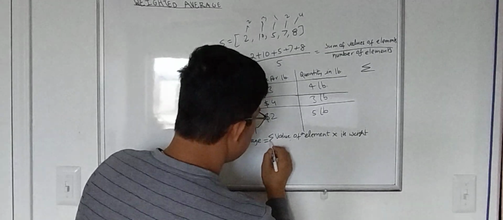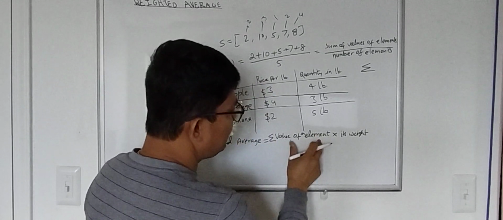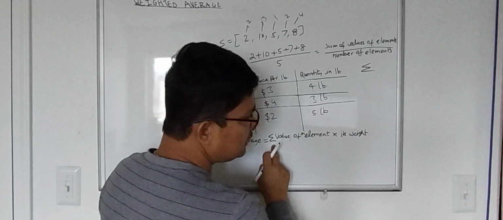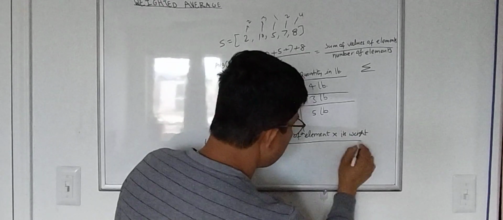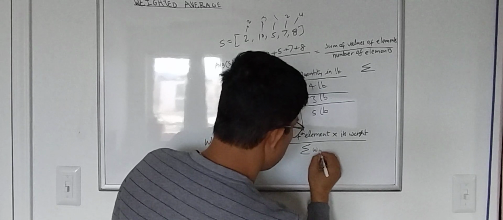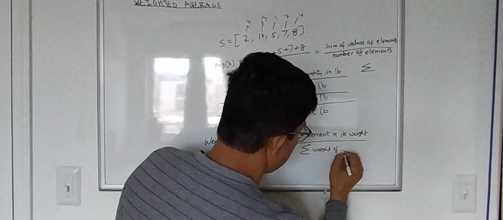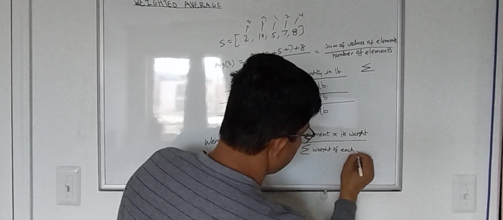So it means you have to multiply the value of an element by its weight, take the sum of that and divide by the sum of the weight of each element.